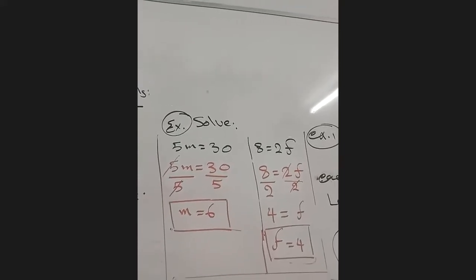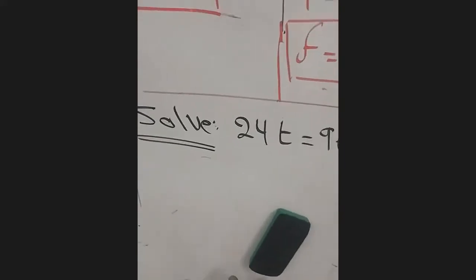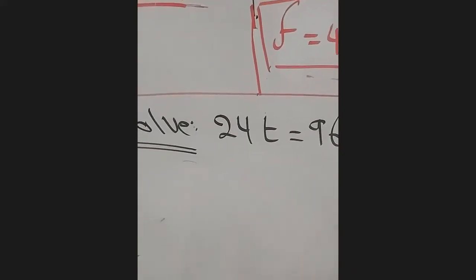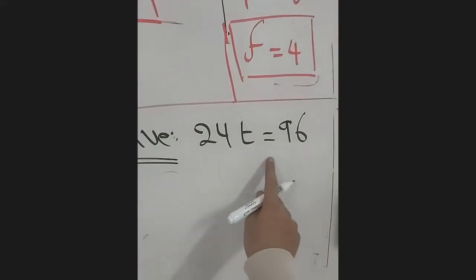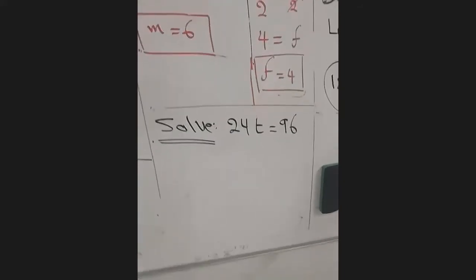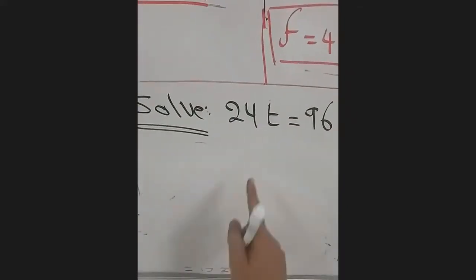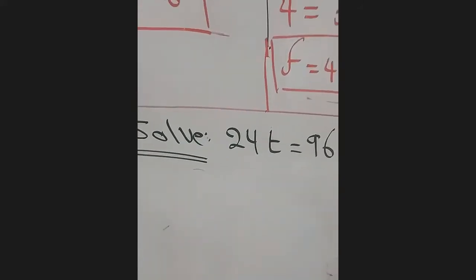This is how we solve a multiplication equation. Let's solve this one here. Solve 24t equals 96. Now, how do we solve this equation? There is nothing here, which means it's multiplication.